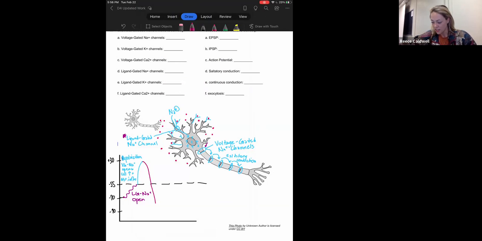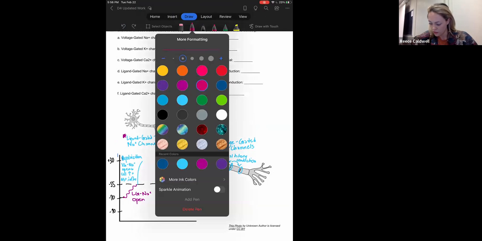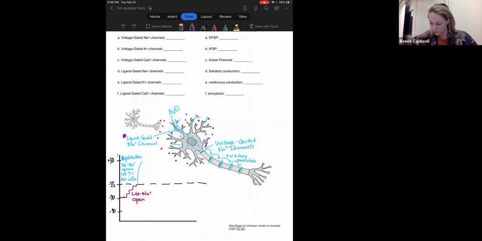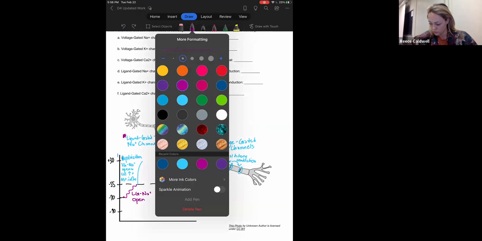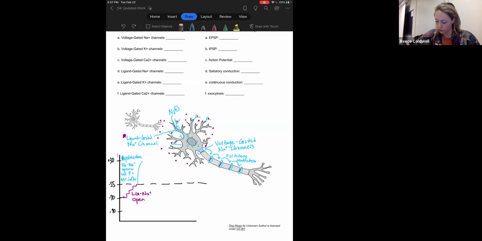So what we see is that whenever, and I'm actually going to color code this in dark blue. So what we see is that we have this decline in voltage. And that decline in voltage is caused by the opening of potassium channels along the neuron. So we open potassium channels along the neuron.